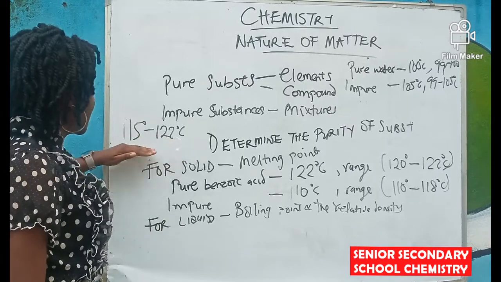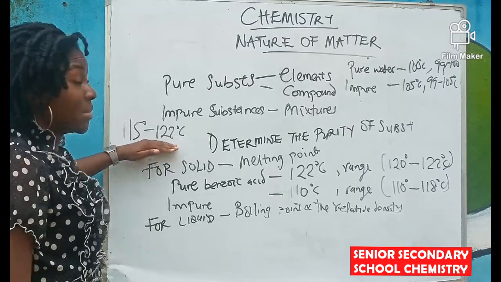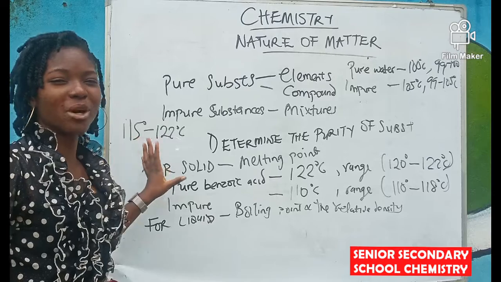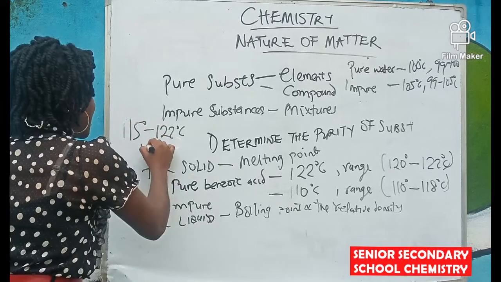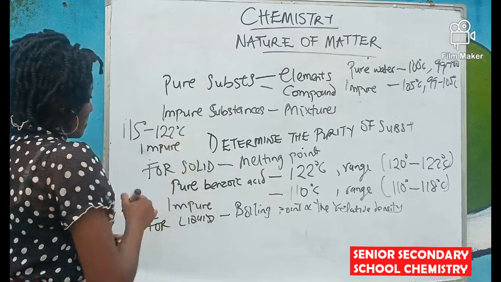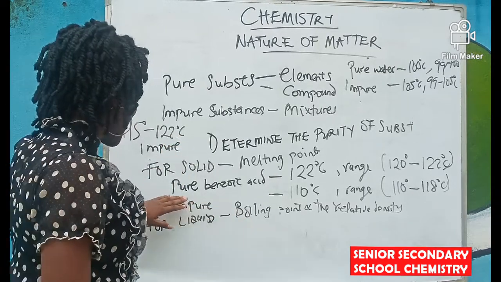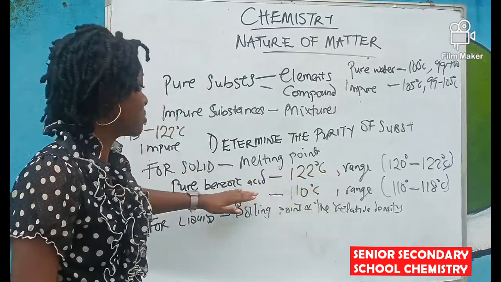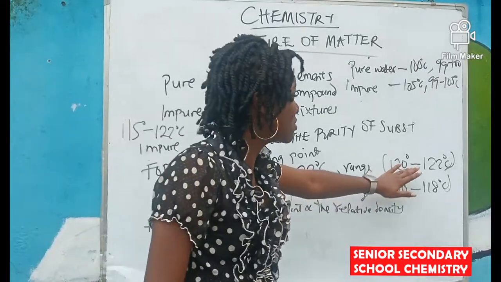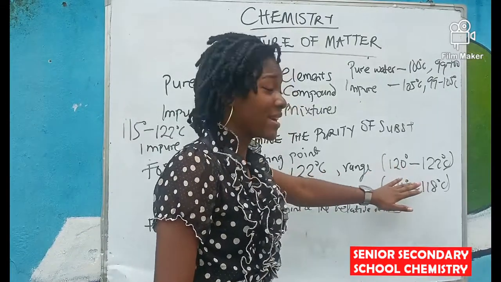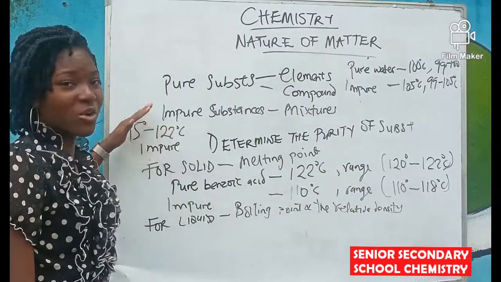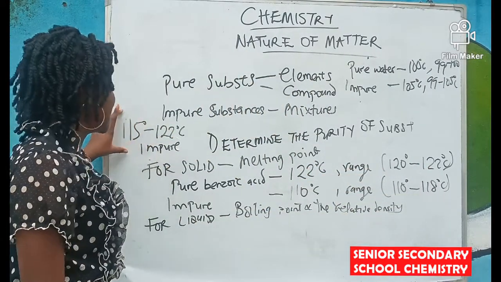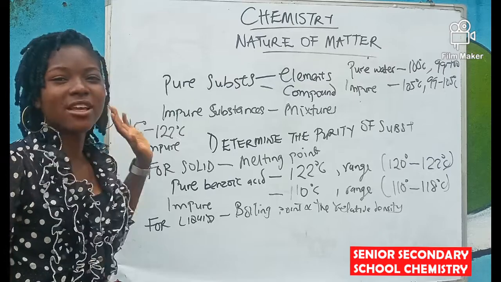From the range of this melting point, you see that the melting point range is wide, so it is impure. If you look closely at the range of melting point for benzoic acid, it is not wide, it's very narrow, 120 to 122, but this is very wide. So it indicates that this solid is impure.